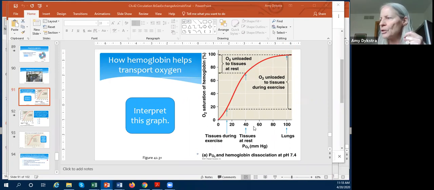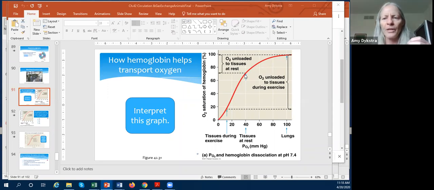In the tissues where there is a lower partial pressure of oxygen, like 40 millimeters mercury, the hemoglobin is not holding on to the oxygen as strongly. So the hemoglobin lets go of oxygen, which is perfect because then the oxygen can diffuse out into the cells.